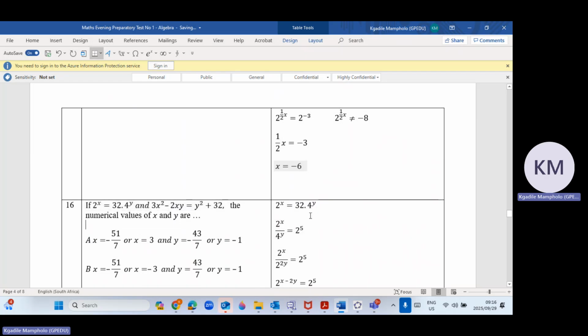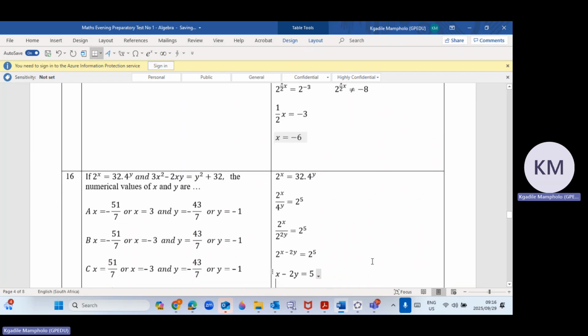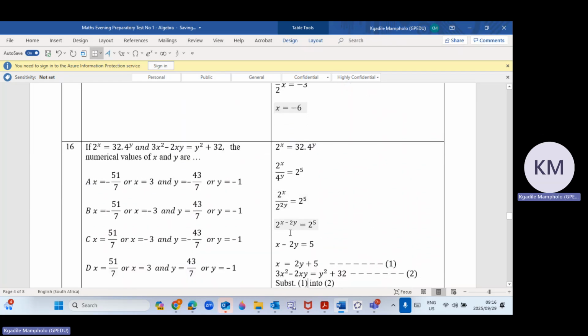So what you do first, you take this 4 to the power y and divide to this side. You make the bases the same. You know that when you divide powers of the same base, you subtract the exponents. Then you'll have 2 to the power x minus 2y equals 2 to the power 5.